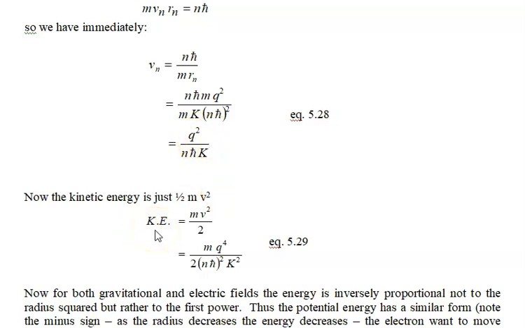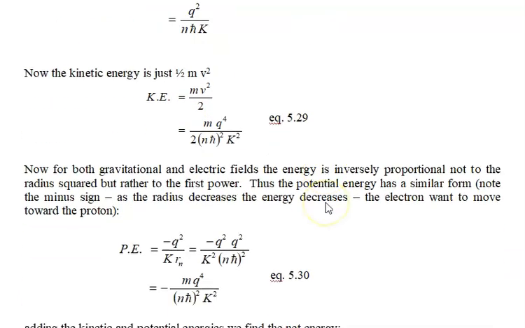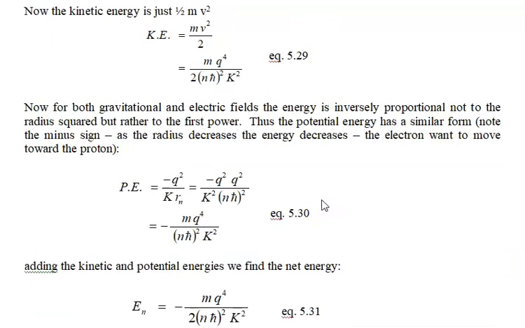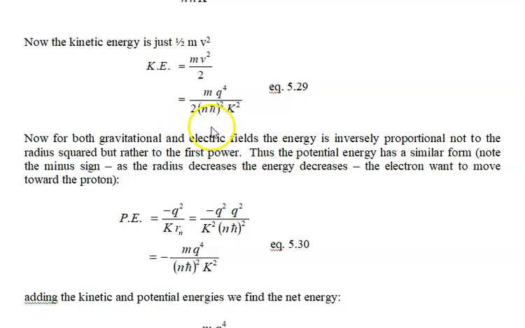Now, the kinetic energy, of course, we know is just 1/2 mv squared. Well, here's v. We square it, square all this, so we get q to the fourth, and m we bring down, q to the fourth over n h k all squared, and of course the 2 comes there. So this is the kinetic energy, and it is also quantized.